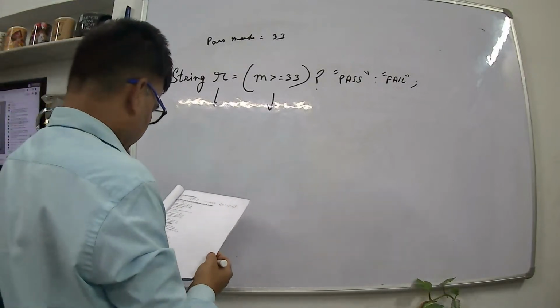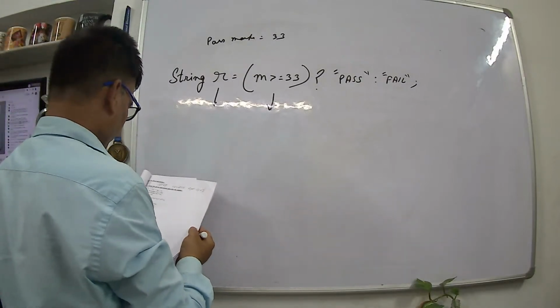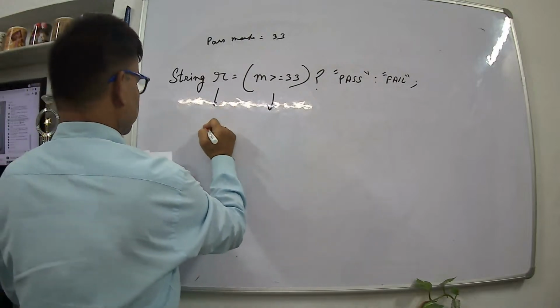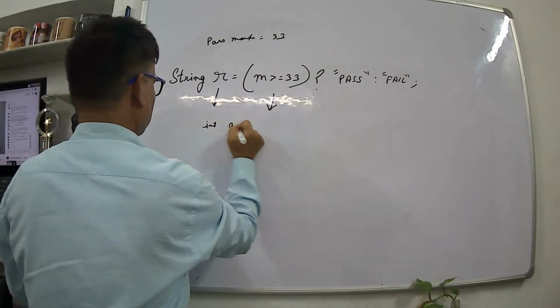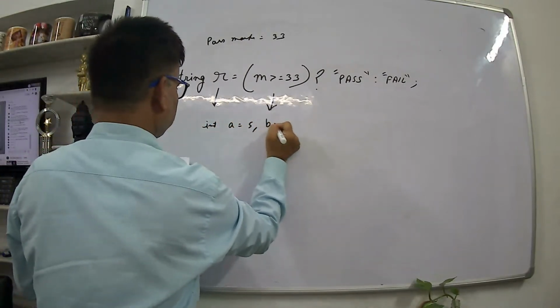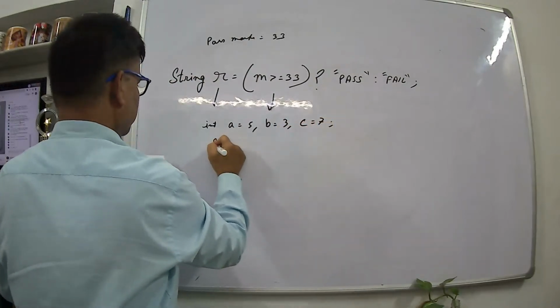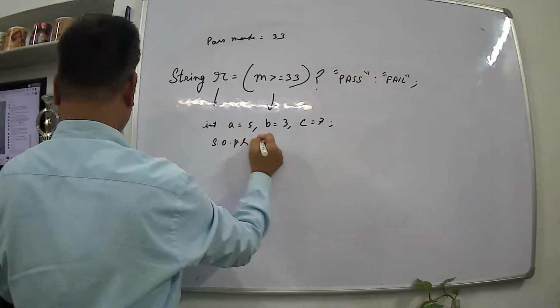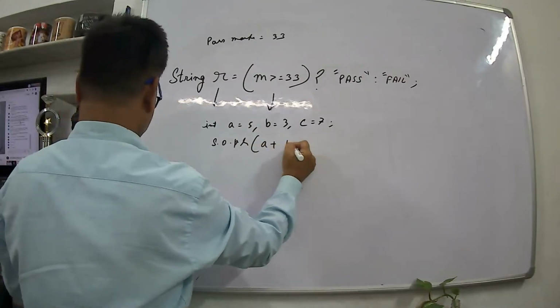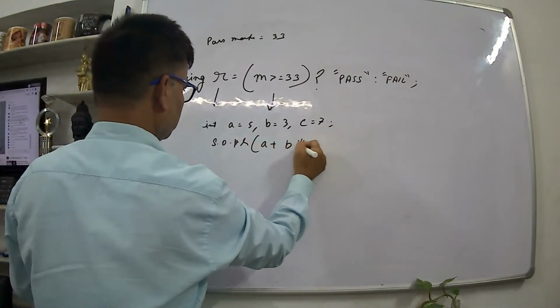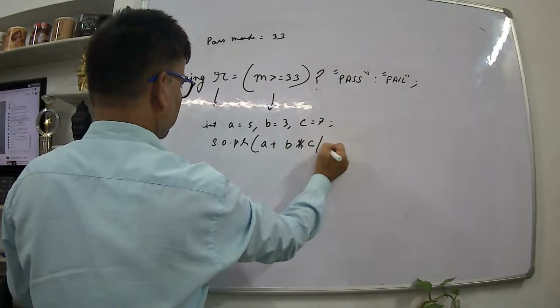Okay, I take a question here. int a is equal to 5, b equal to 3, c equal to 7. System.out.println a plus b modulo c divided by a.